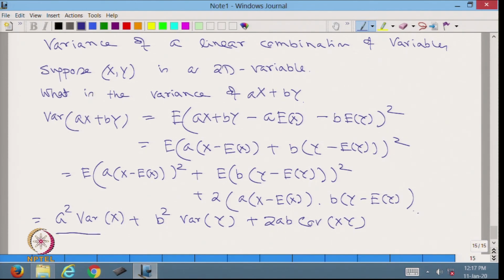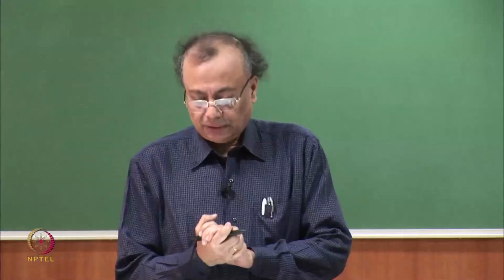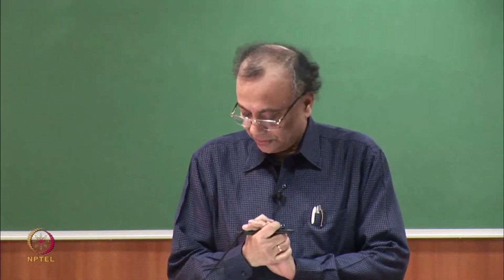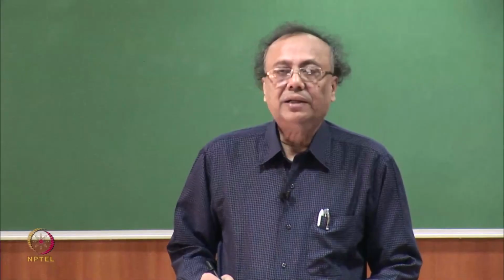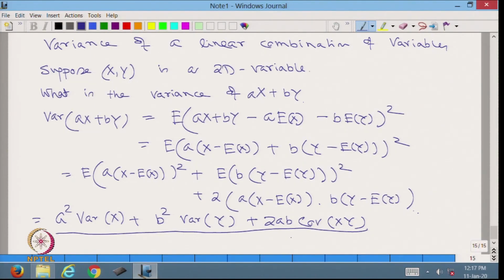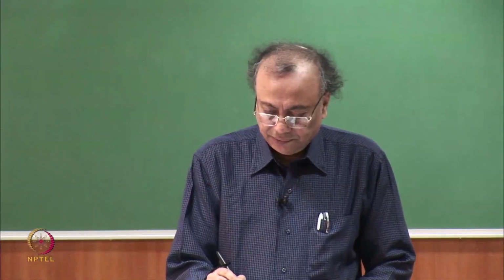Thus, we get a formula for the variance of the linear combination of two variables, which comes out to be a square times variance of x, b square times variance of y plus 2ab times covariance of x y. We can generalize this.